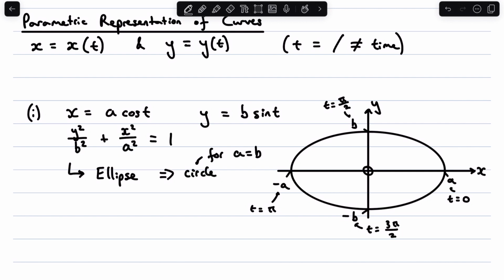And if we look at our equation over here, we're going to have y squared over a squared plus x squared over a squared equaling 1, or x squared plus y squared equals a squared, which is the equation for a circle. So quick sanity check, you can see that this ellipse will turn into a circle for a equaling b, but obviously an ellipse is a more general term to refer to any of these sorts of graphs.